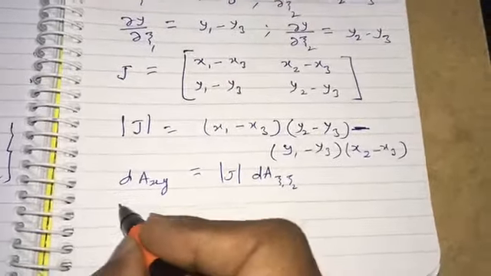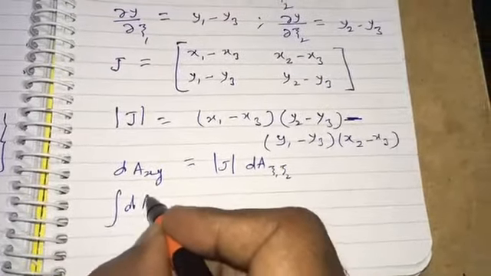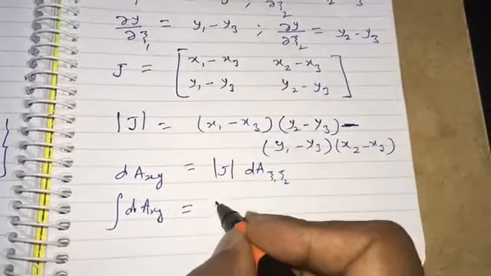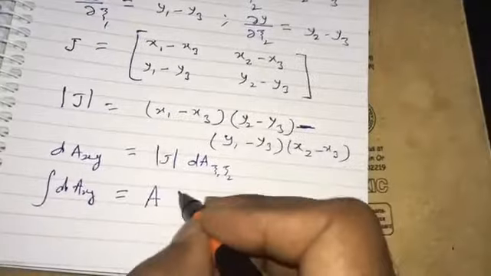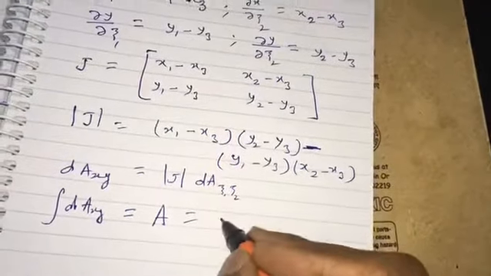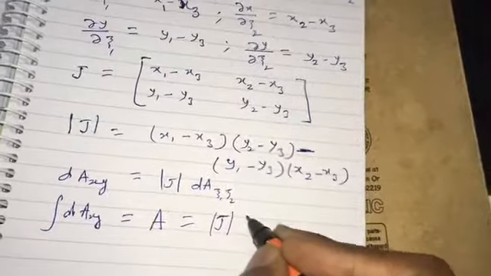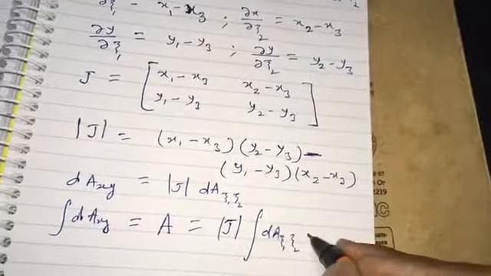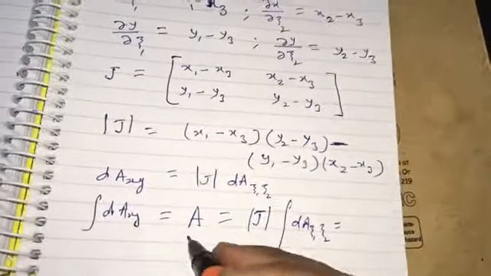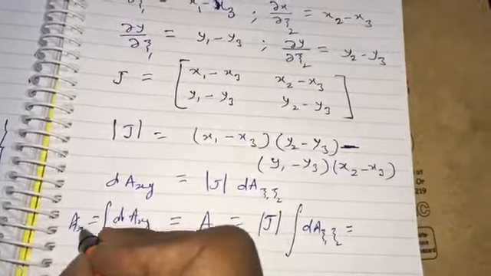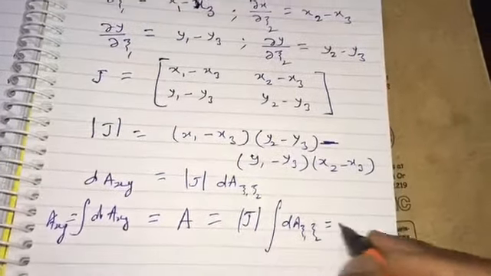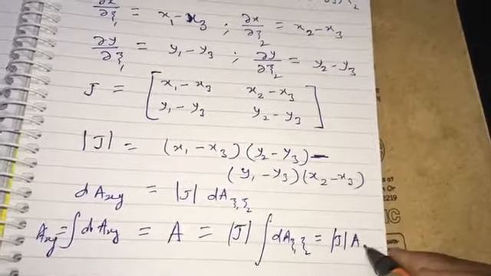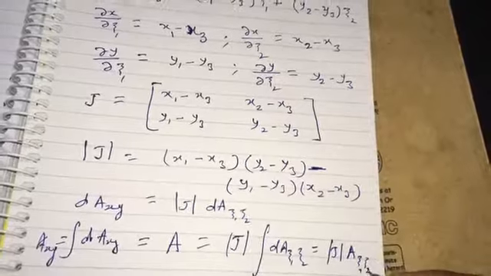If we integrate this dA xy, it will be the area of the triangle. Since J is constant, we can take it outside, so dA in the xy system will be equal to J times the area in the xi1 xi2 system.